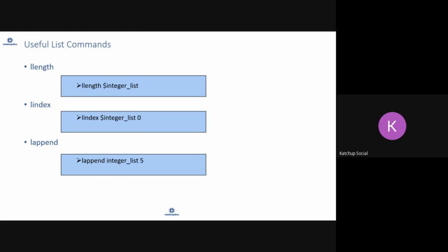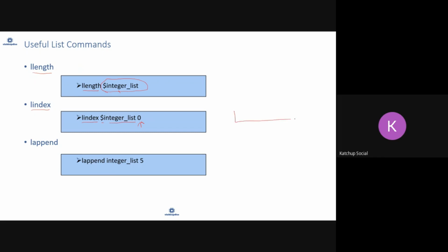Now some useful list commands. Similar to string length, there are functions you can use on a list. The llength function will get the length of the list. So basically llength with dollar list name will give you the length of that list. If you want to return a particular element of a list, lindex, dollar list name, and the index you want to return will give you that element.